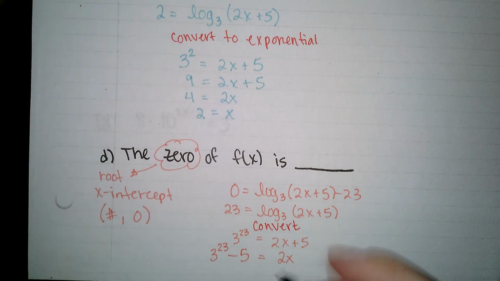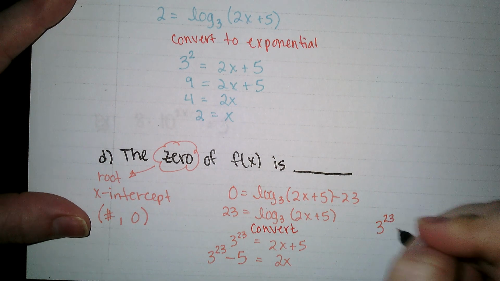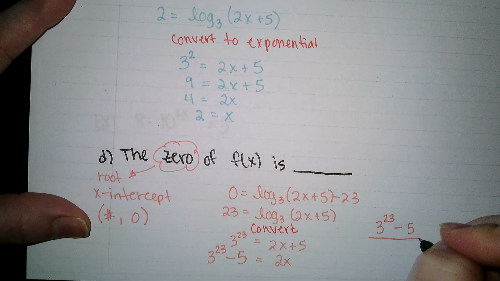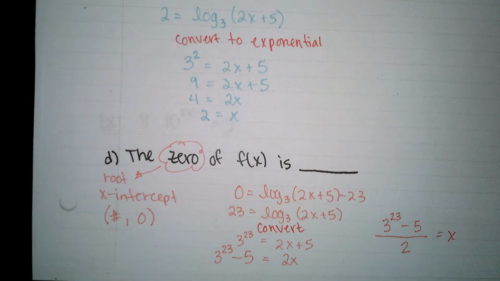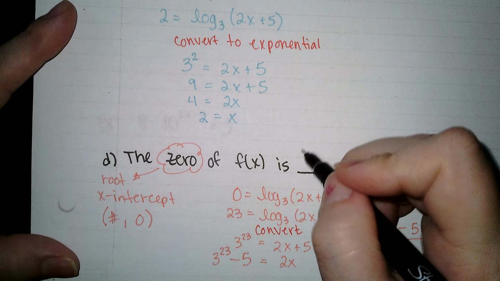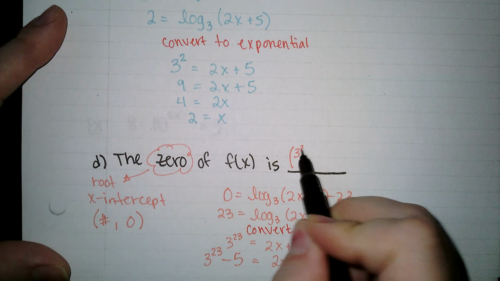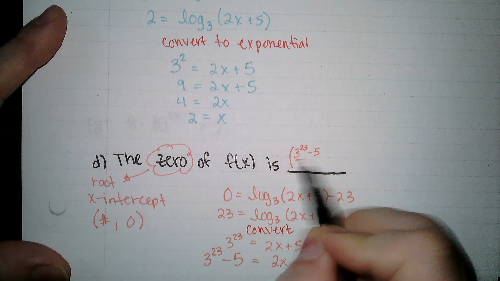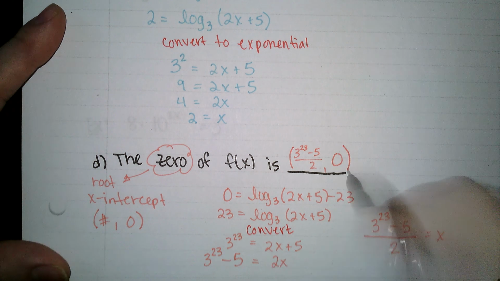And then when I divide both sides by 2, I'm really just going to leave it looking all crazy like this. 3 to the 23rd minus 5, all divided by 2, is my x value. I'm seriously going to leave it in that form. So my ordered pair for the 0 is going to be the x value of 3 to the 23rd minus 5 divided by 2, comma, 0.